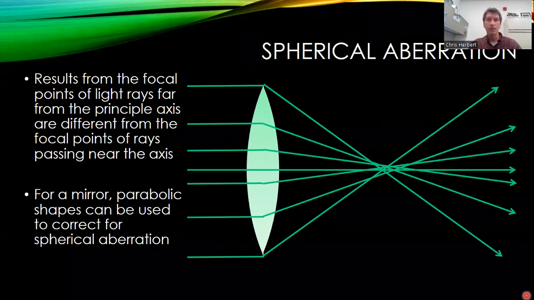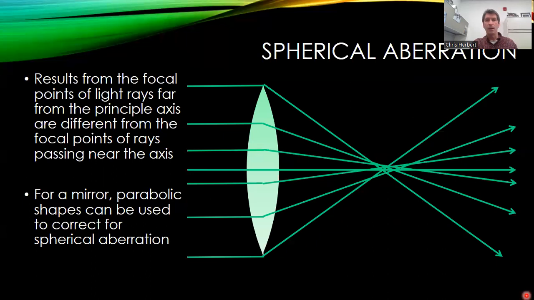Now, going forward, spherical aberration happens because it's very easy to grind a spherical surface on a lens, much more difficult to grind a hyperbolic surface, which would have been the preferred way of doing it. But with the spherical surface, it tends to be too curved at the outer edges and not curved enough in the center.